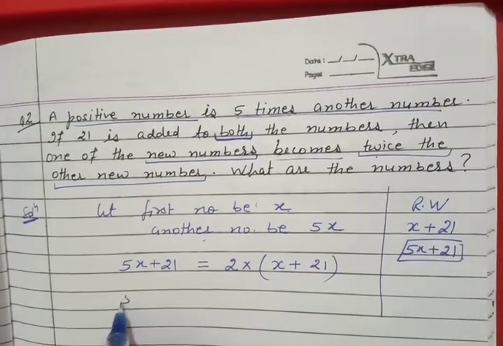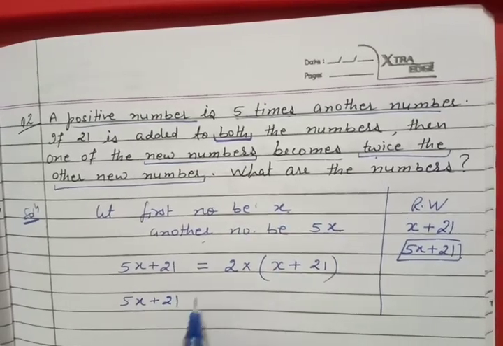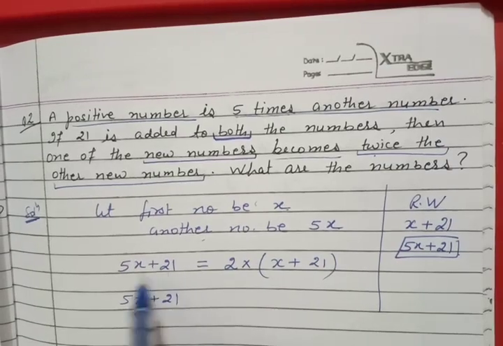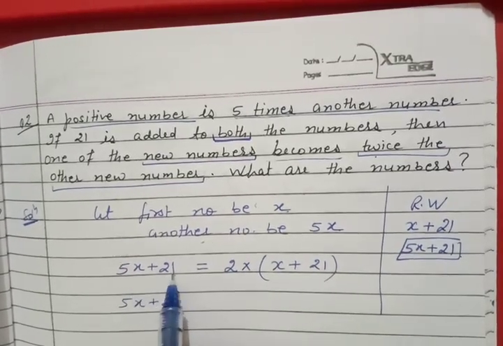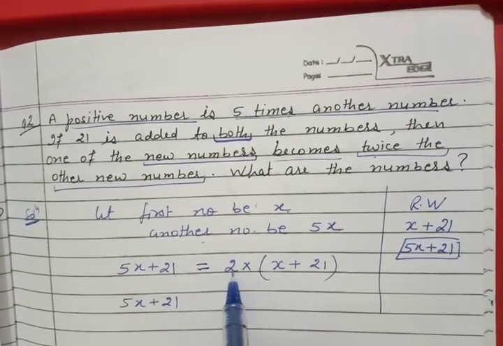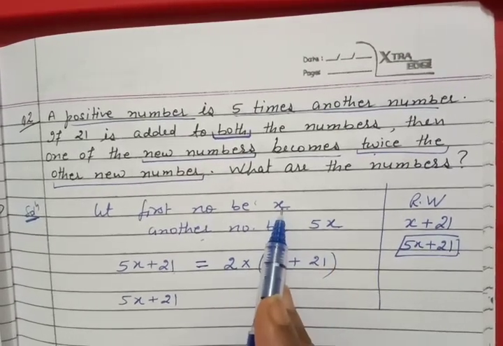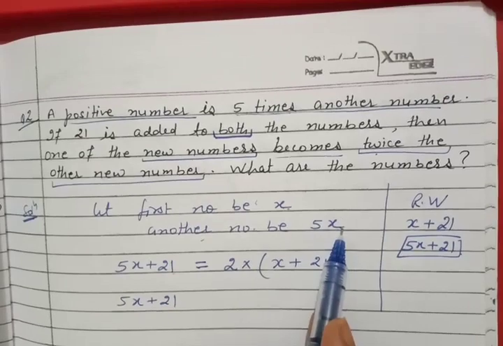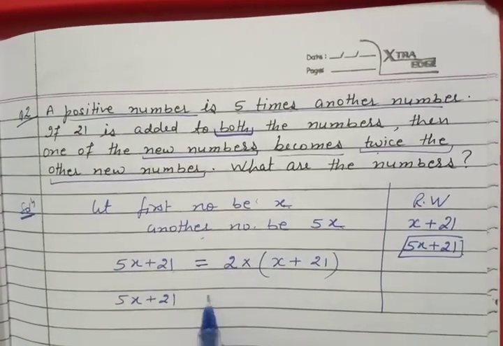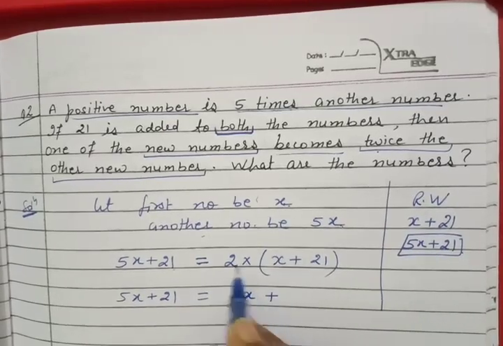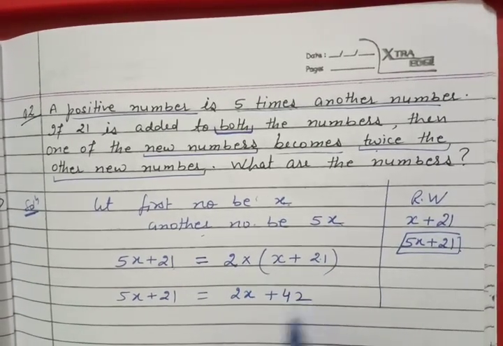Why did I keep 5x plus 21 on the left? Because this is bigger, so this will be twice the other number. Obviously this is smaller. This is x and this is 5 times that number. This is equal to, open this bracket, 2 multiply x and 2 multiply 21 is 42.